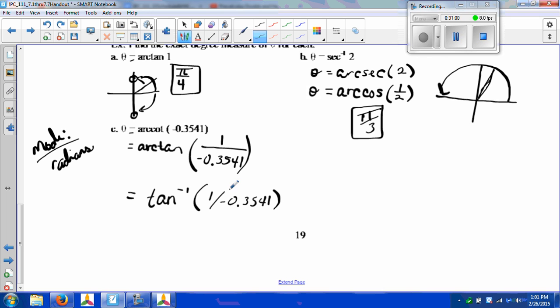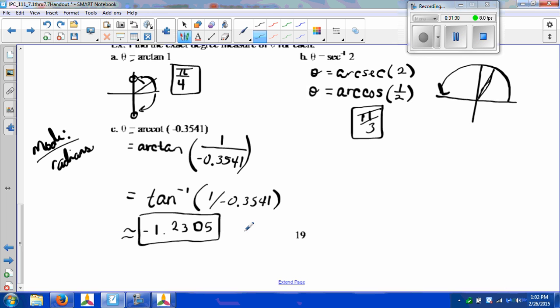All right, and I get that it is approximately, and I've got 4 decimal places here, so that's how many I keep here. Negative 1.2305. Or if you were doing significant figures, then negative 1.230 or 231. Okay, and those again are radians, so not degrees.